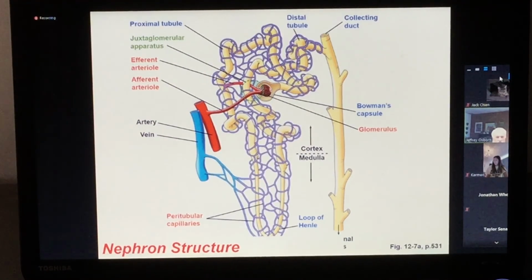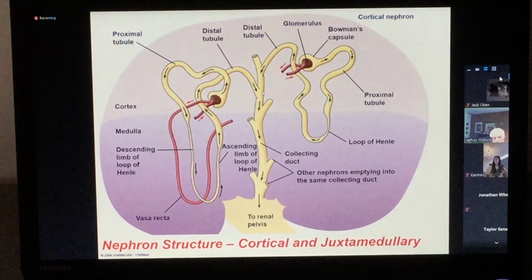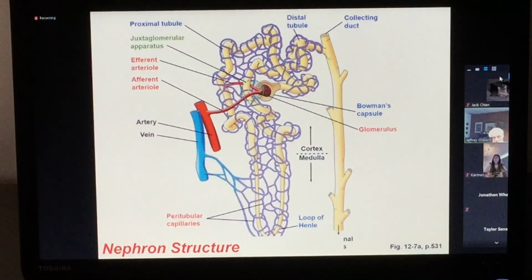But you have a glomerulus, which is a capillary that's flanked by an arteriole coming in and an arteriole going out. So therefore, we can control the hydrostatic pressure inside the glomerulus by constricting or dilating either the afferent arteriole or the efferent arteriole.